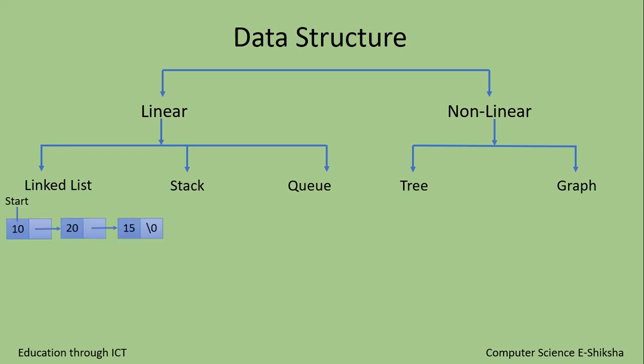A linked list looks like this. Here you can see there are individual units in which the value is stored. In the first unit we have stored 10, in the second unit 20, in the third unit 15. These individual units are known as nodes of the linked list.